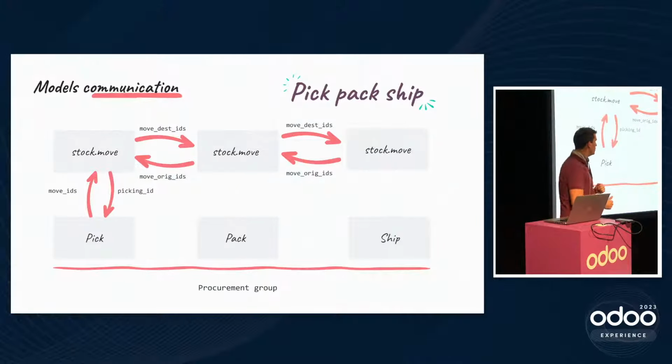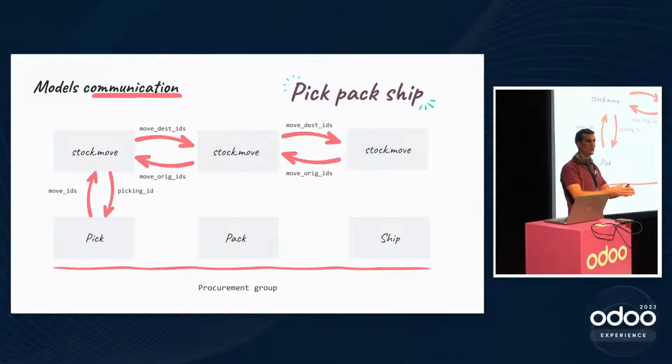Also, earlier I spoke about the procure method, which is triggered under the rule. So it means that you do a chain of procurement. In many cases, you will create a lot of moves because it means, okay, I have a need in supplier, so I will first take it in the pack location because someone has to pack it.